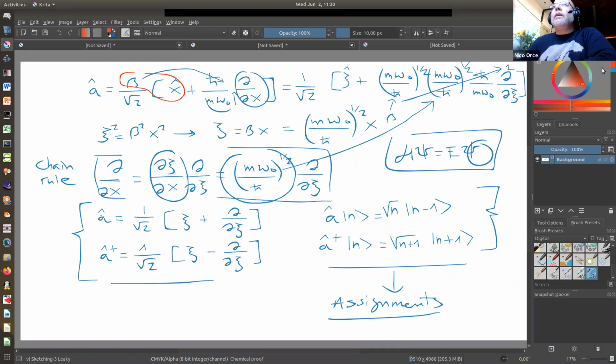And finally, we get this, which was there all the time. So m omega naught to the 1/2, to the square root, is m omega naught, which cancels with this, and the square root of h bar in the denominator is basically h bar, which cancels with this.